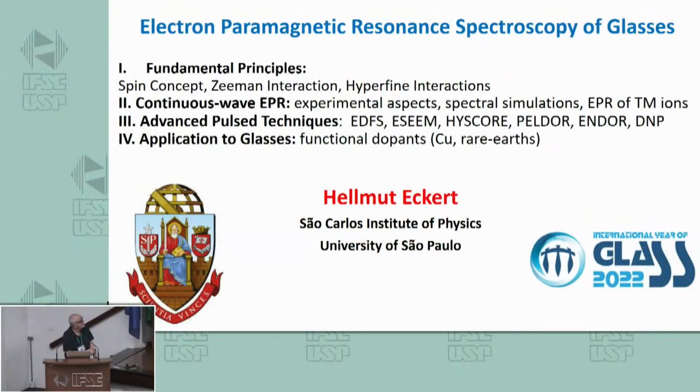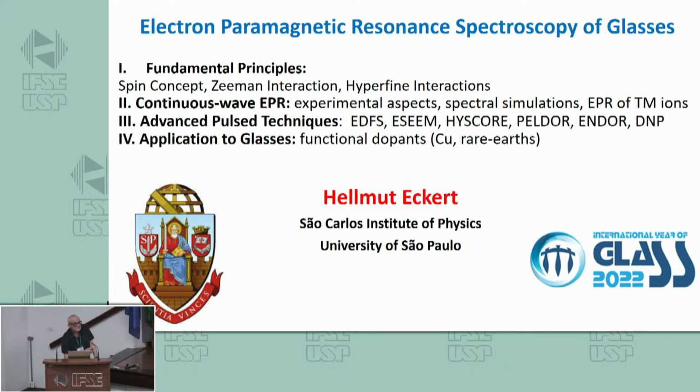And since the technique may not be so familiar to many of you, first we'll illustrate a little bit the fundamental principles, the spin concept, the interactions of the spins with the magnetic field, the so-called Zeeman interaction, and the things that influence the spectrum that we're going to be observing and what we can learn from it.